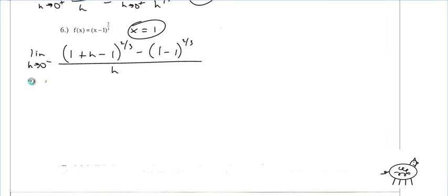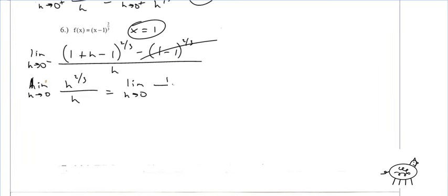So we're going to get the limit as h approaches 0. And that cancels out, right? And we just wind up having h to the 2/3 power. And this cancels out too. So that's equal to the limit as h approaches 0 of 1 over h to the 1/3 power. Same concept as before. Now I'm going to highlight this again, math fans. This guy right here, it's the 1/3 power.